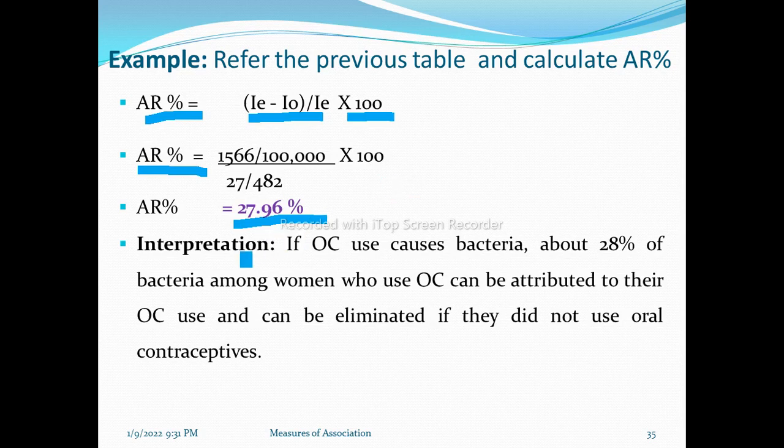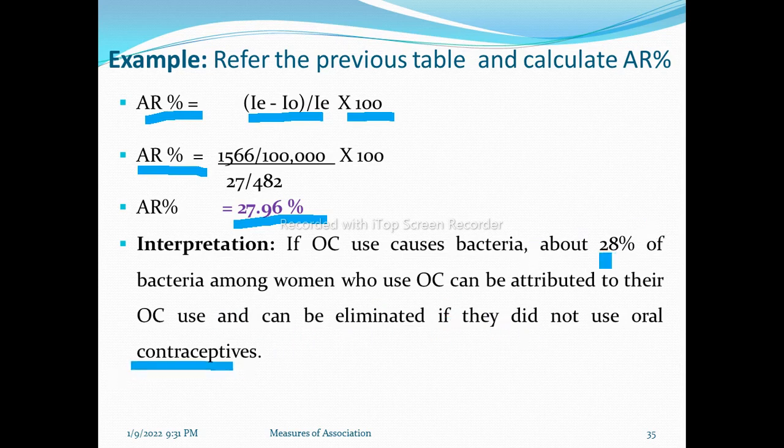Having this concept, if oral contraceptive use causes bacteriuria, about 28% of bacteriuria among women who use oral contraceptives can be attributed to oral contraceptive use, and can be eliminated if they do not use oral contraceptives.